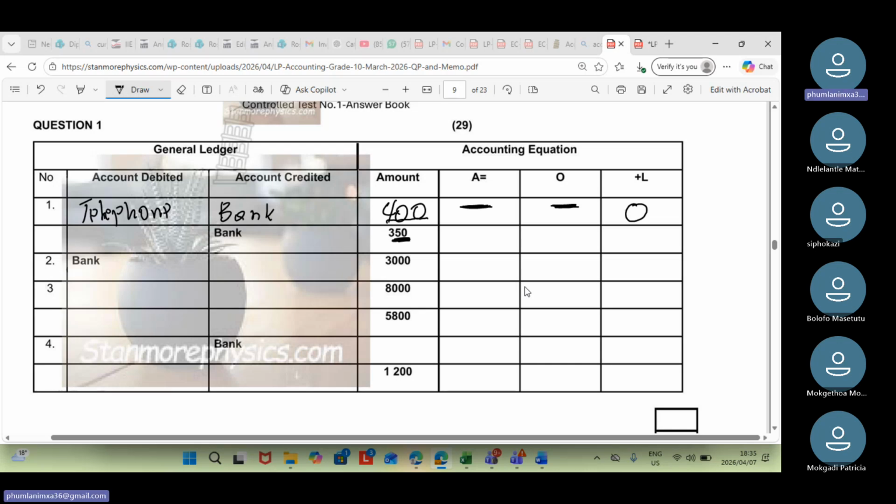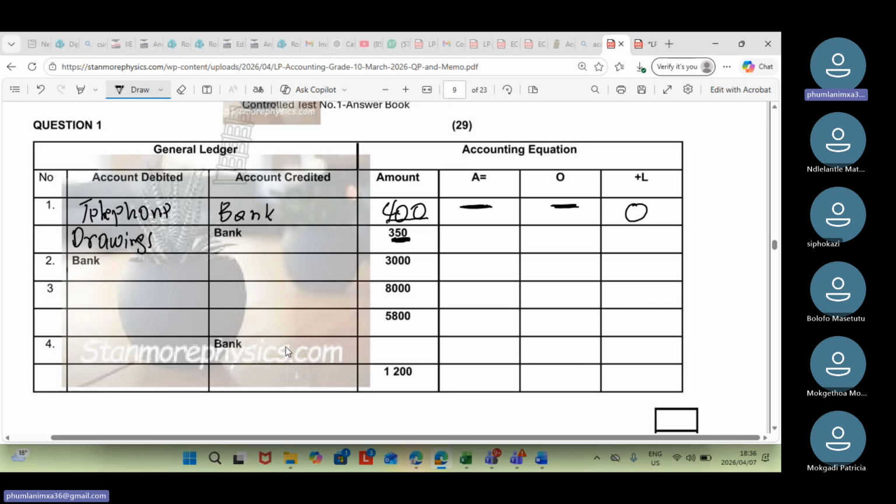Now let us move to the 350 part. 350, remember, is for personal use, the owner's son's cell phone contract. So we need to debit what? Drawings. We debit drawings. Every time when we have drawings, we debit them.